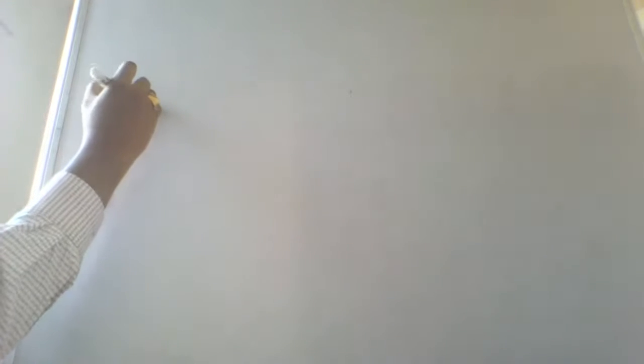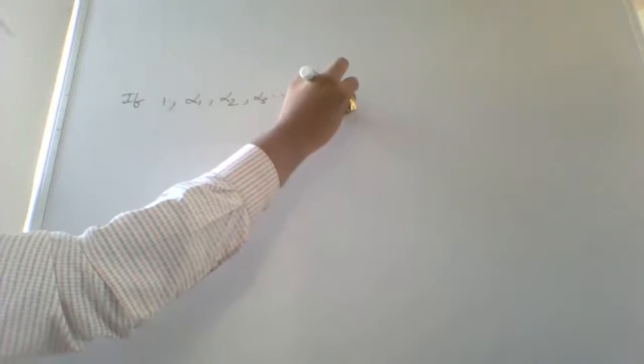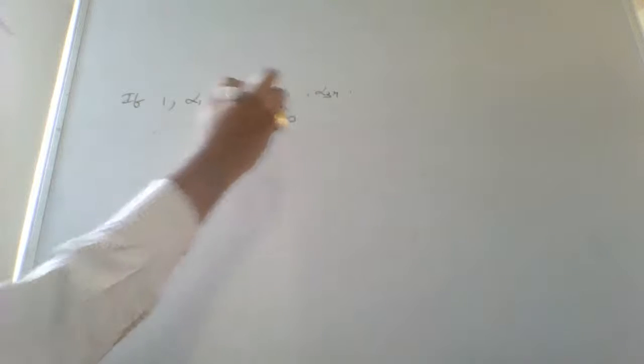This is quite an interesting problem. Also, previous problems were important for us. Now, if I have 1, alpha 1, alpha 2, alpha 3, and alpha 3n, are the roots of the equation x to the power of 3n plus 1 minus 1 is equal to 0.